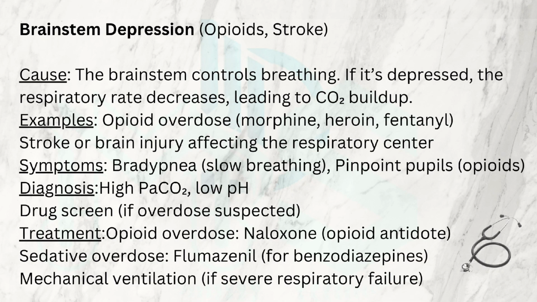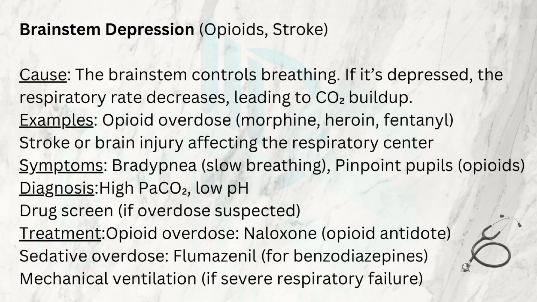The next on the list is brainstem depression. The brainstem is practically responsible for controlling breathing. If it is depressed, respiratory rate decreases, which means that CO2 is not properly exhaled. Examples of things that could cause brainstem depression: opioid overdose.